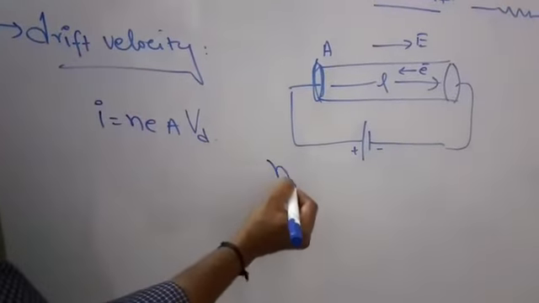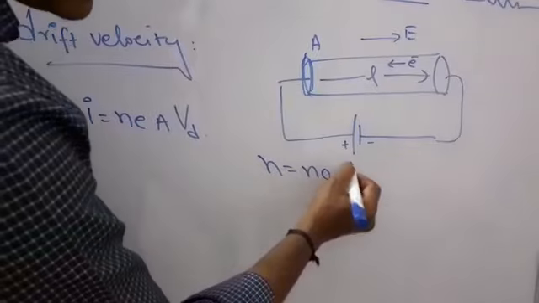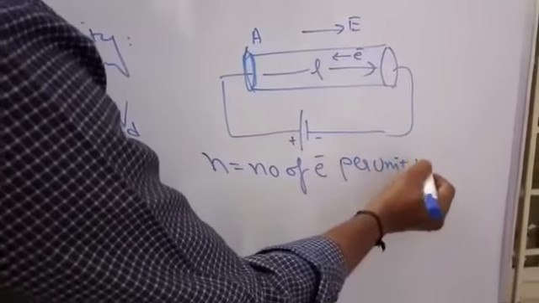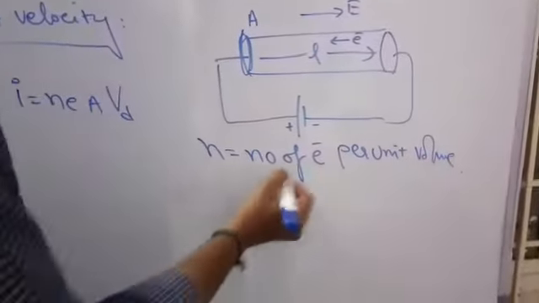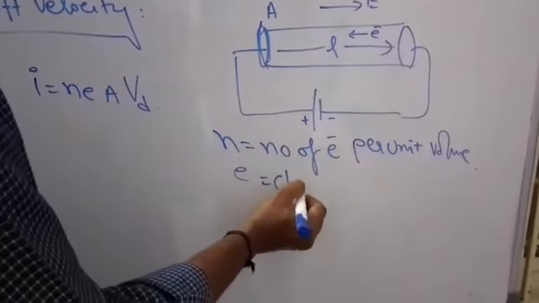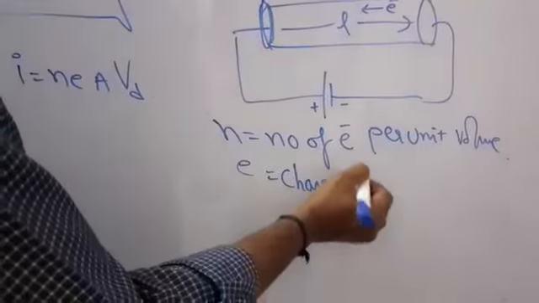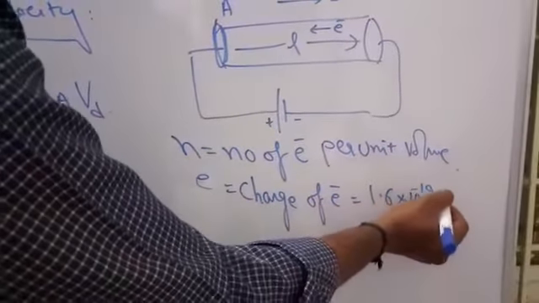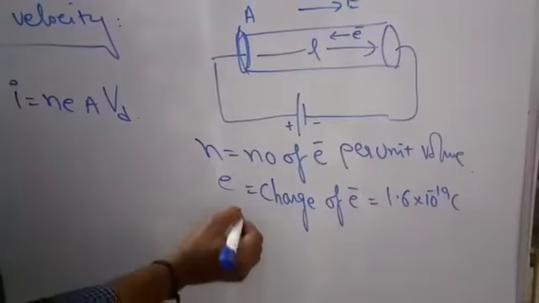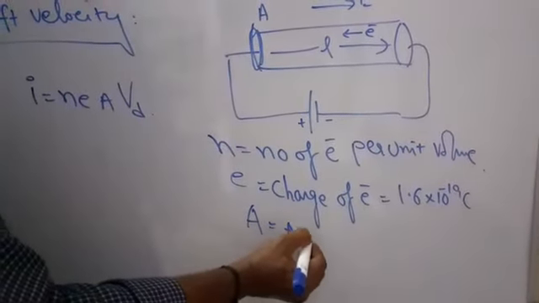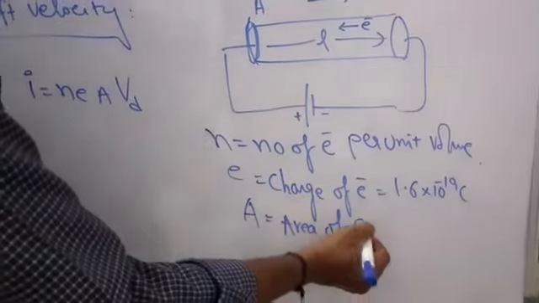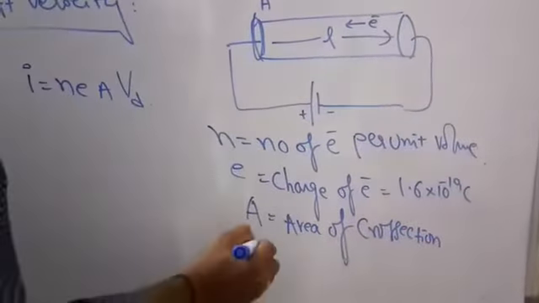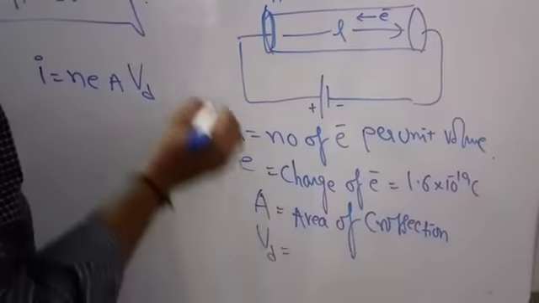N is the number of electrons per unit volume of the conductor. E is the charge of the electron, whose value is 1.6 times 10 power of minus 19 coulombs. A is the area of cross section of the conductor. Vd is the drift velocity.